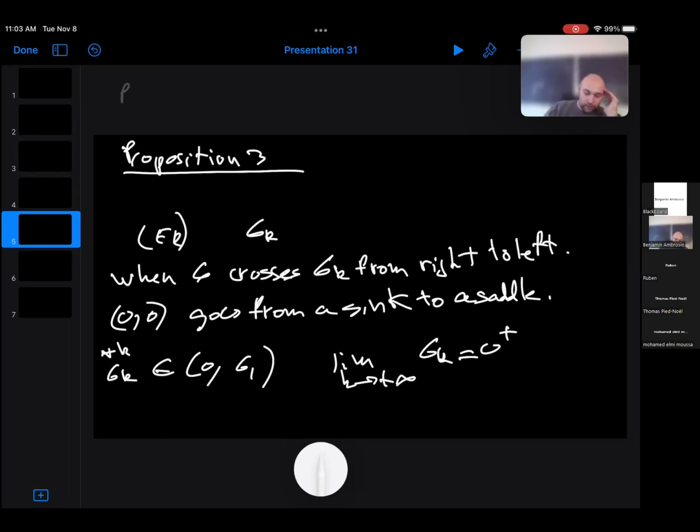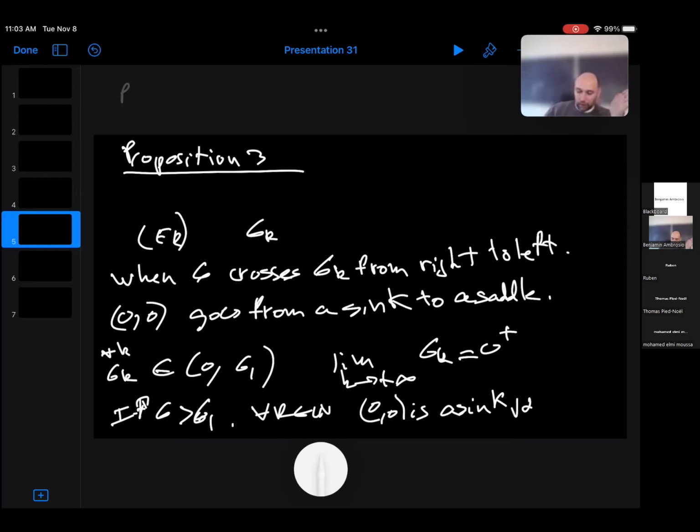So when you pick a value of sigma, if sigma is greater than sigma 1, for all k, 0, 0 is a sink for EK. So we expect that the PDE is also going to 0, 0, because 0, 0 attracts all the trajectories of EK. So we expect that it's the same for the PDE.